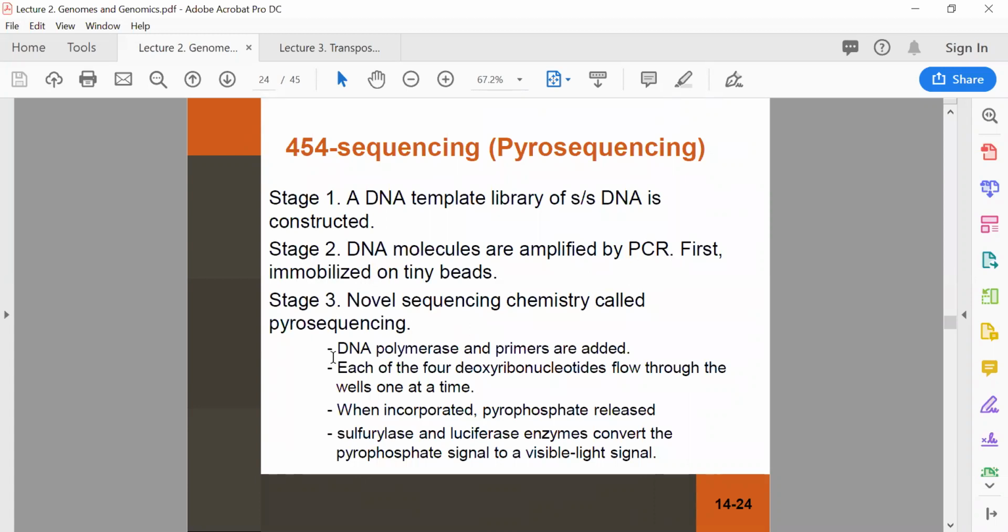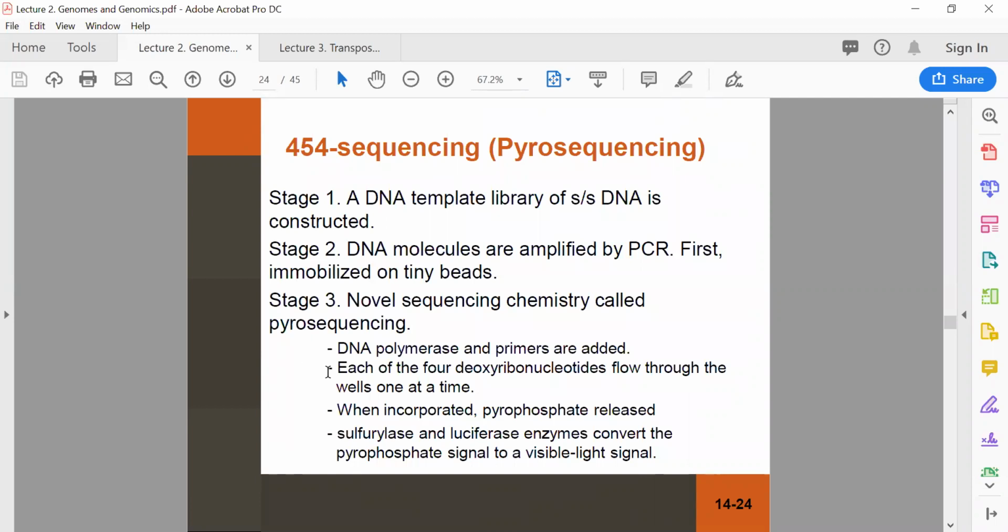So in this pyrosequencing, our enzyme called DNA polymerase, which you might remember is the enzyme that is used in DNA replication. So this enzyme and primers are added. Each of the 4 nucleotides are added, and these will flow through each of those little wells one at a time.